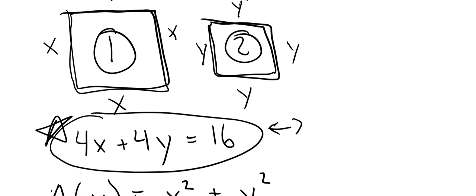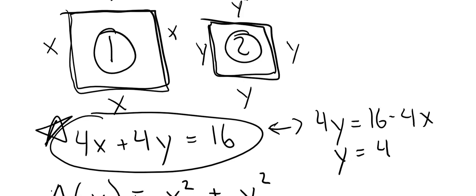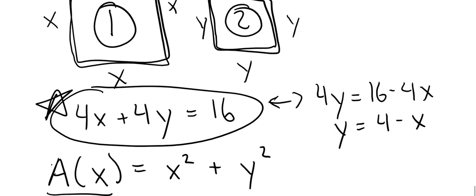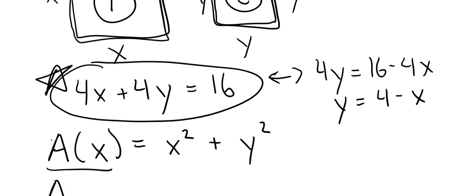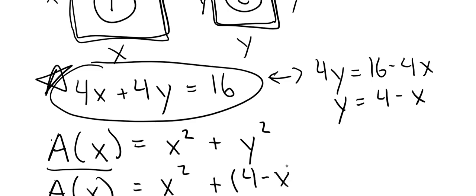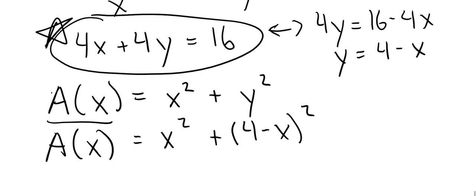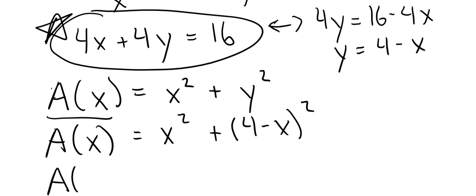When we wrote this down, this gives me a way of writing y in terms of x. So 4y is equal to 16 minus 4x, or in other words, y is equal to 4 minus x. And guess what? Now we can rewrite our equation, and instead of writing y squared, we have 4 minus x squared. Now it does want us to simplify, so let's go ahead and simplify everything.